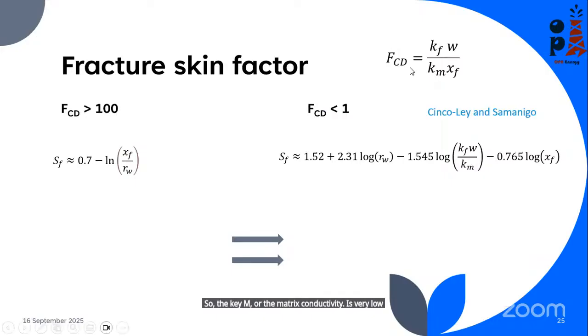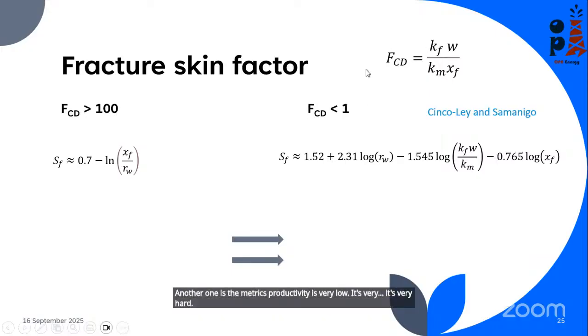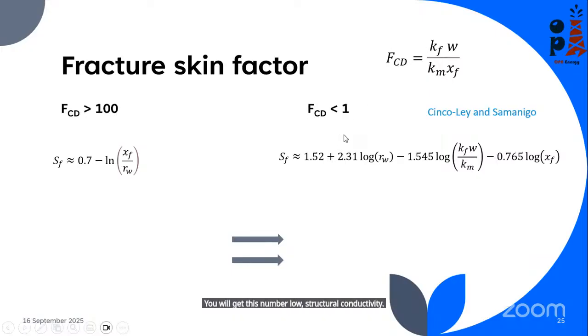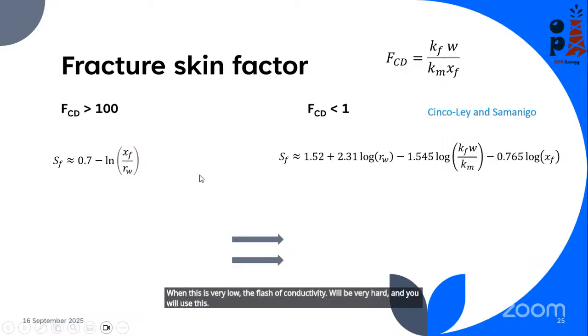So the fracture conductivity factor here will be very, very high, let's say over 100. In another one the matrix conductivity is very high, so you will get this number low, the fractional conductivity, and you will use this. Another type, when this is very low, the fractional conductivity will be very high, and you will use this.